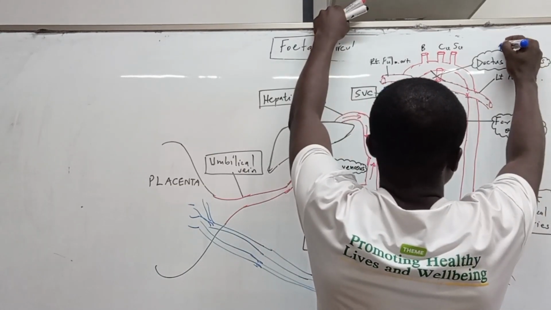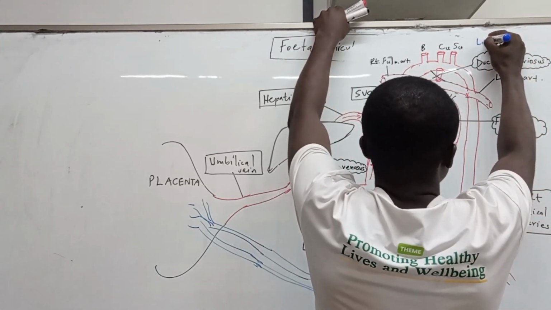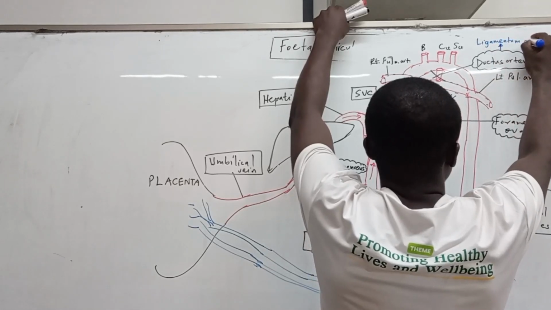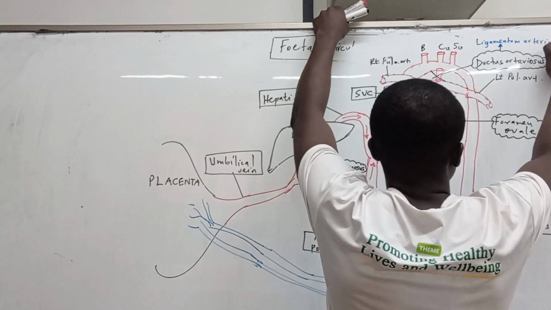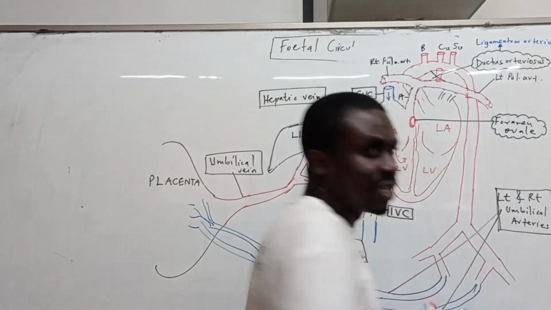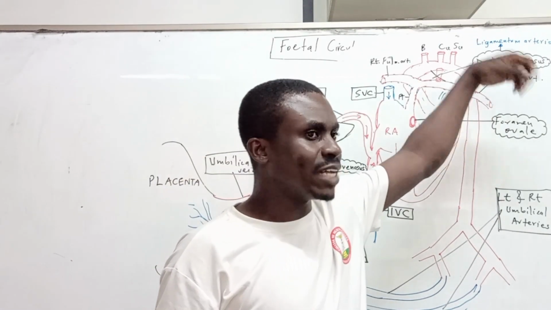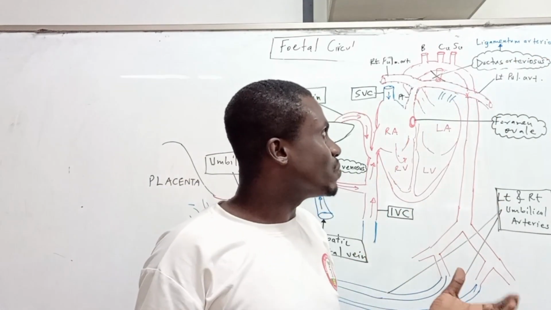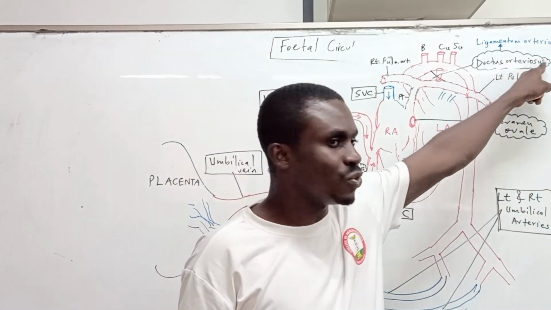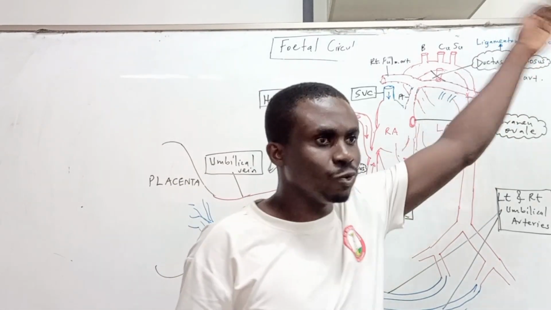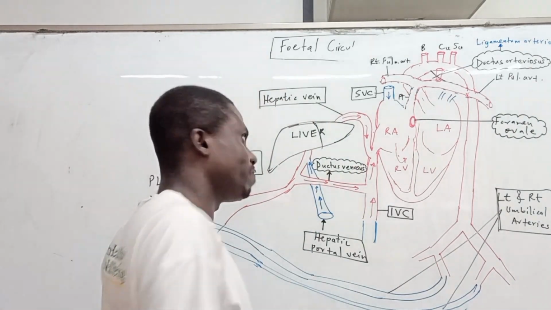It becomes a ligament postnatally, and we call it ligamentum arteriosum. So please look at it. There was ductus arteriosus, US for US. Now it becomes a ligament, and we call it ligamentum arteriosum, UM for UM.